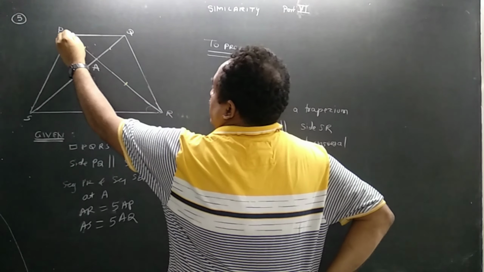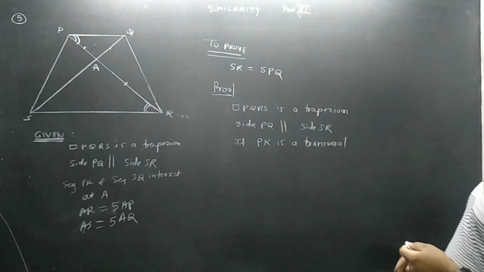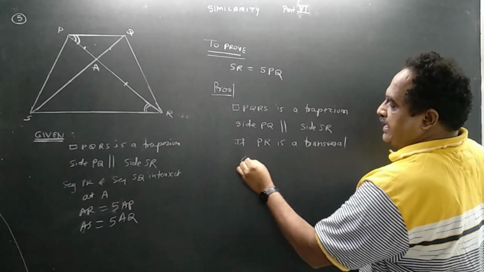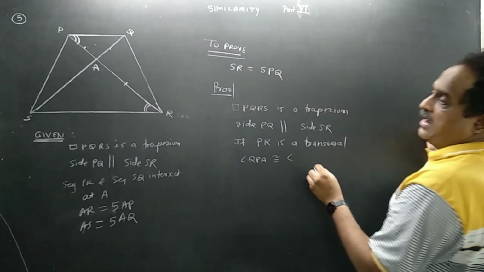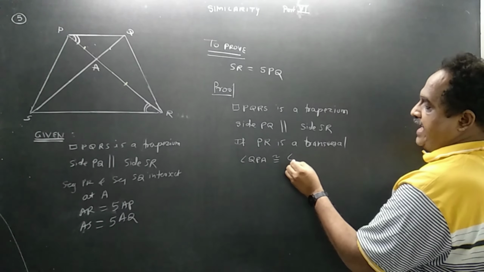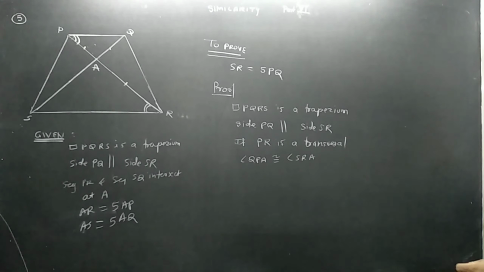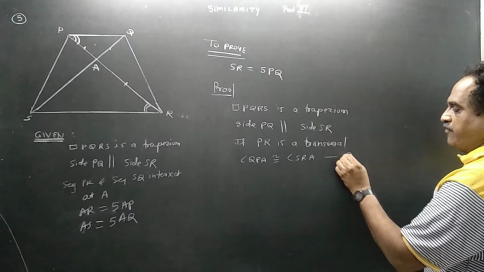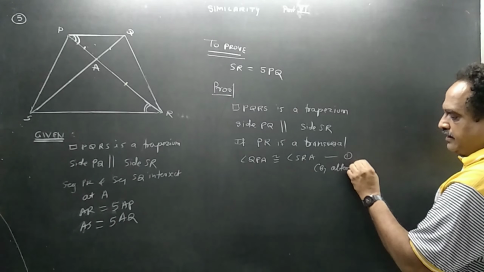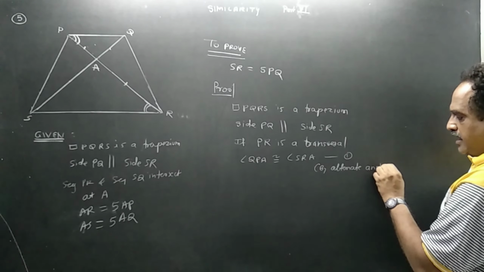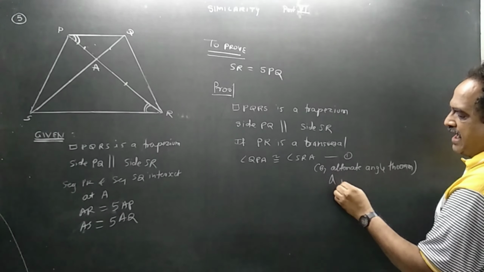This angle will be congruent with this angle. Okay, so angle QPA is congruent to angle SRA. This we are going to take as equation 1 by the alternate angle theorem of parallel lines.